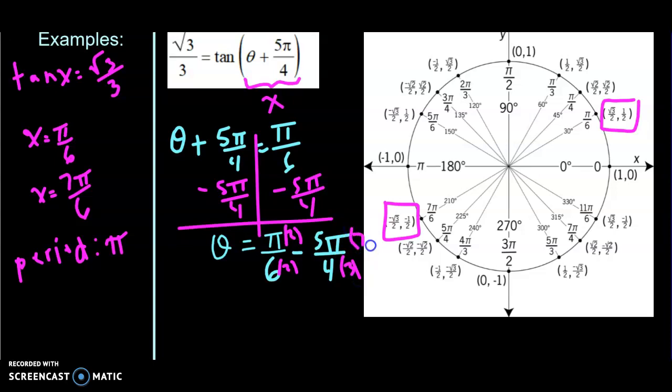If your calculator automatically does this, go ahead and just use your calculator, okay? So if I do pi over 6 minus 5 pi over 4, then I get 2 pi over 12 minus 15 pi over 12.